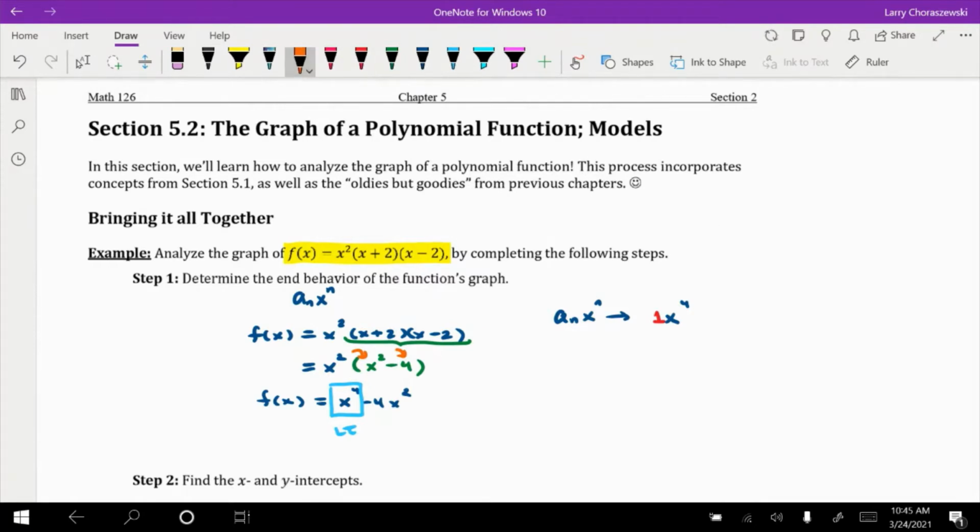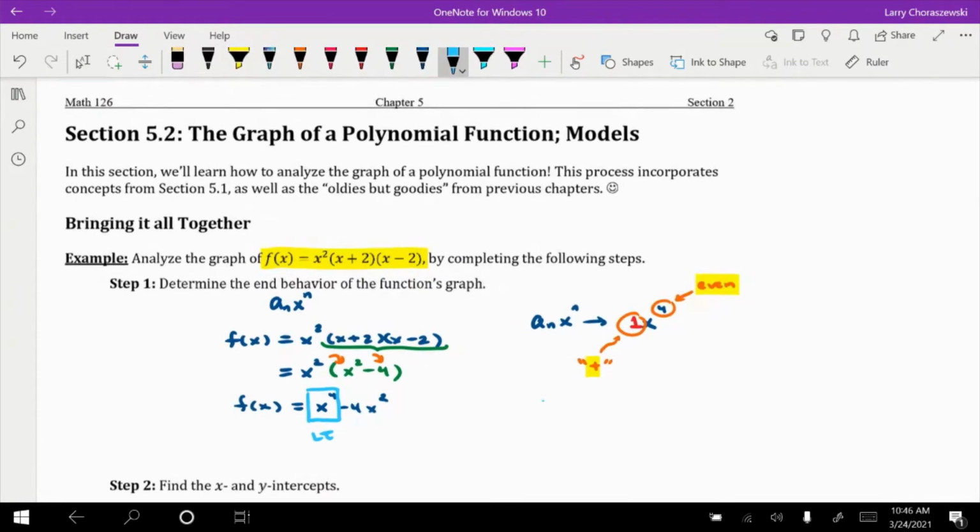And keep in mind how we classify end behavior. We look at the degree. Okay, that's based on whether it's even or odd. In this case, 4 is even. And then we also look at the leading coefficient, but we don't look at it from an even-odd perspective. We look at it from a positive-negative perspective. And so this leading coefficient is positive. So we have an even degree and positive leading coefficient.